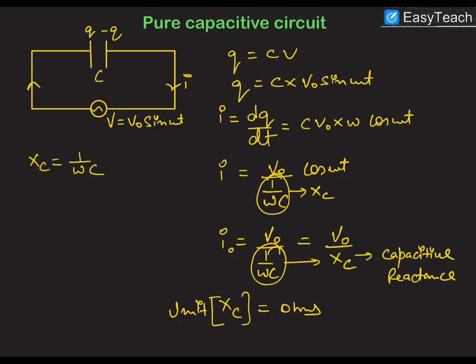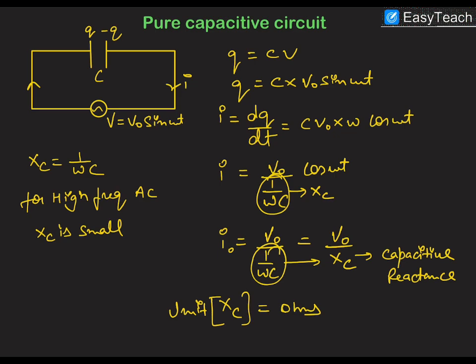For high frequency AC circuits, omega is very high, so Xc is small, which means that for high frequency AC circuits, the impedance or the resistance offered by the capacitance is very small.